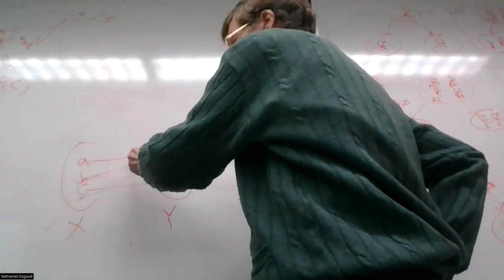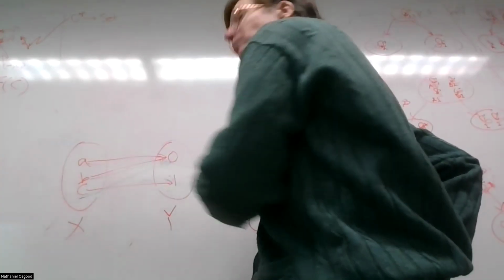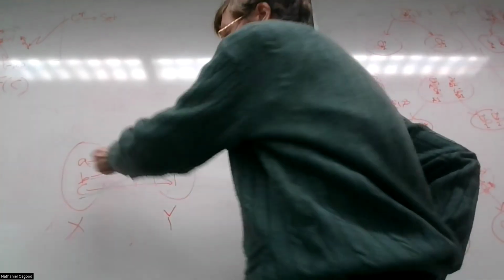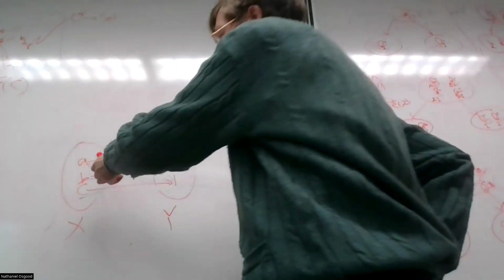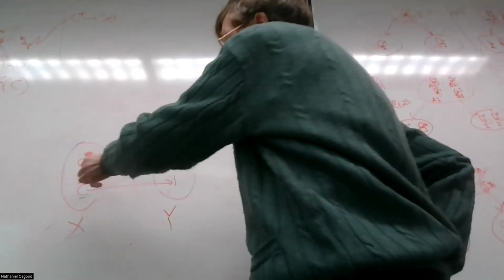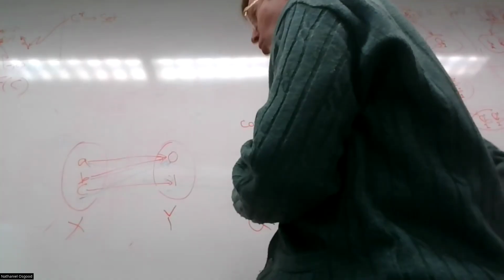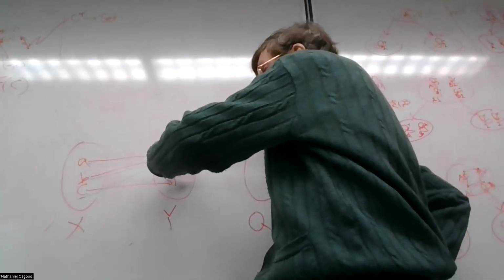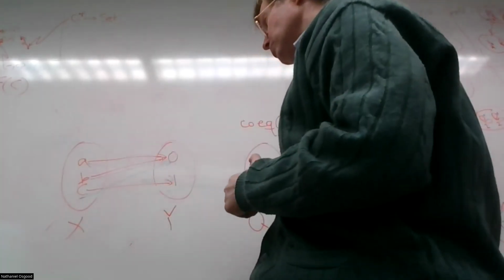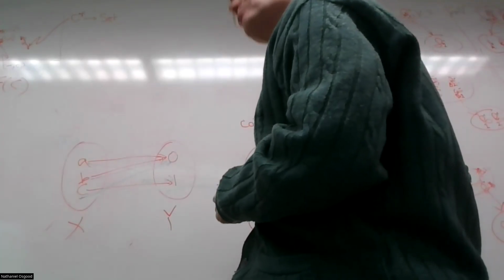What does f map a to? 0. So x is a. Okay. And what does g map it to? 1. So we're going to consider 0 and 1 now to be in the same equivalence class.